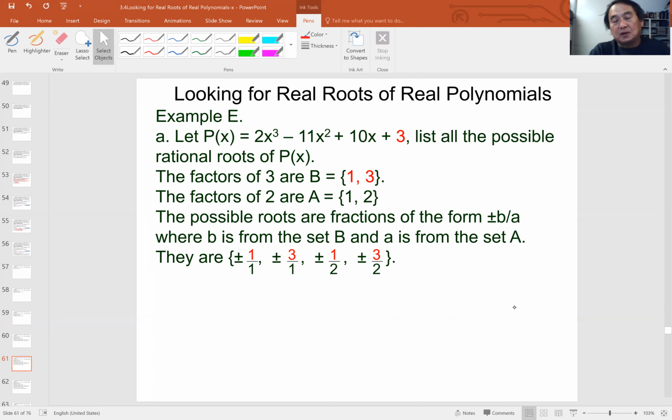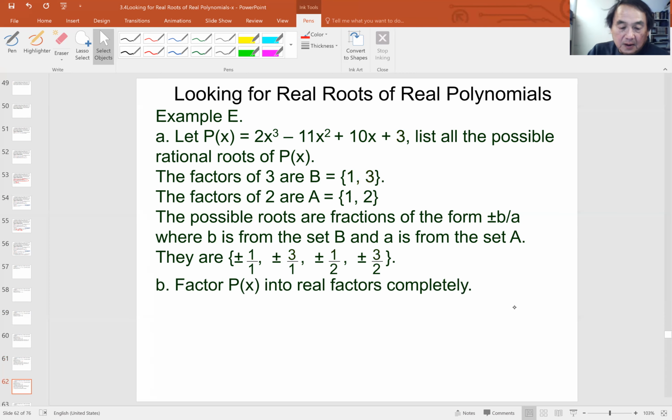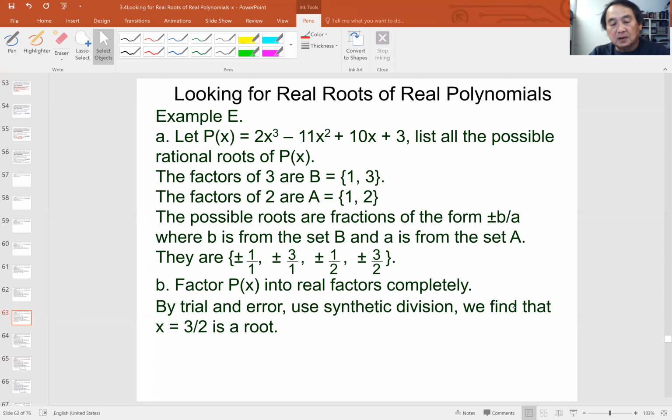Now, which one it is, we check. And in the present day, it's very easy with a calculator. You plug it in to see which one comes out. So let's use these to factor this polynomial completely. Let's just assume we play around with it and finally find one root, 3 over 2.